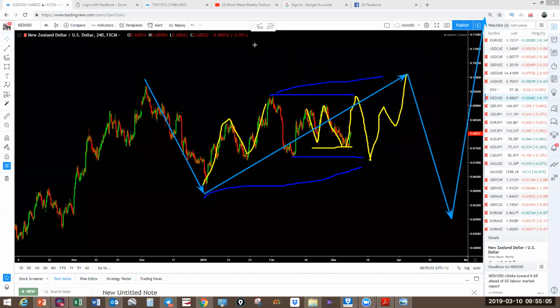Now, what we had last week, we were here, we've dropped, and then we're reversing. Okay, are we going to get all 1, 2, 3, 4, 5? If we get all of this, guys, then you're all going to owe me a Coke or something. Because now after this corrective structure here, you're going to get that big move to the upside. So you're going to have two pulsing moves, 1 and the 2.